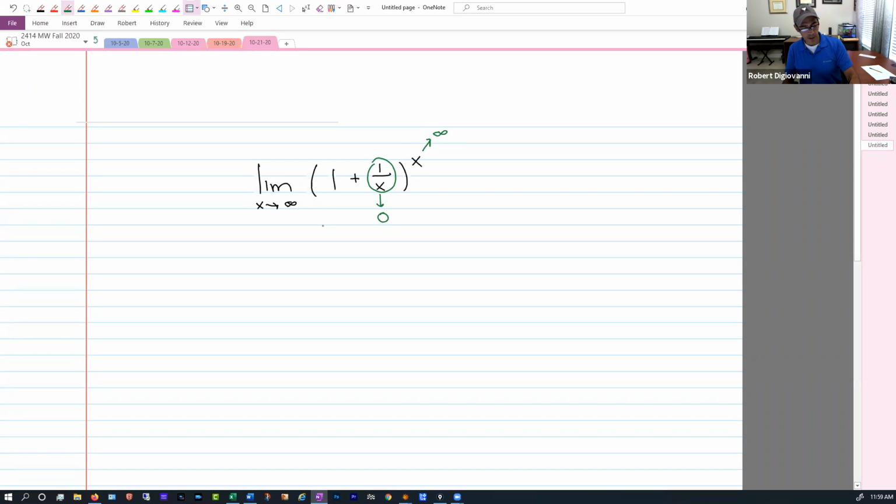Everything in here is headed towards 1, but it's never actually 1 because you're adding something. That 0 is some little tiny piece. So it's headed towards 1, but it's being raised to the infinity. But remember, this 1 is actually just a little bit bigger than 1. So you get this indeterminate form.